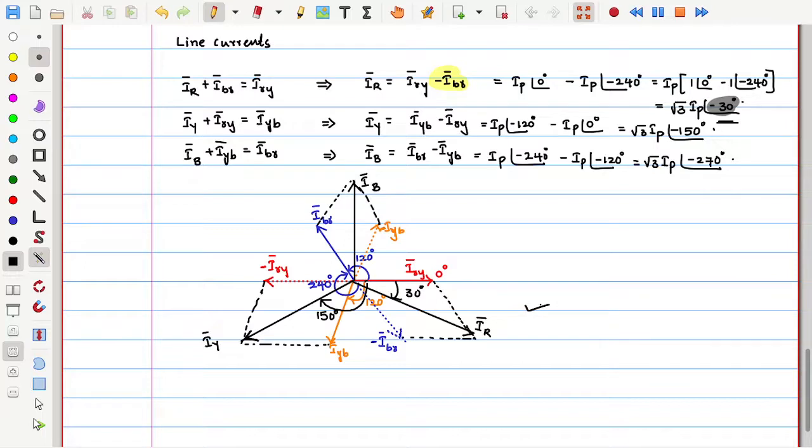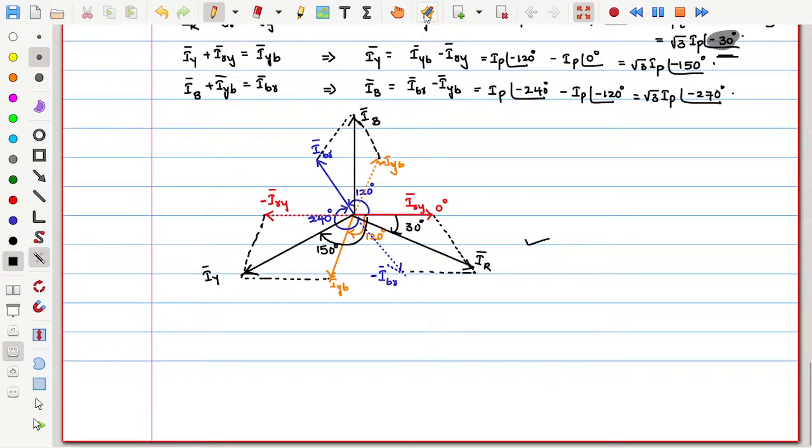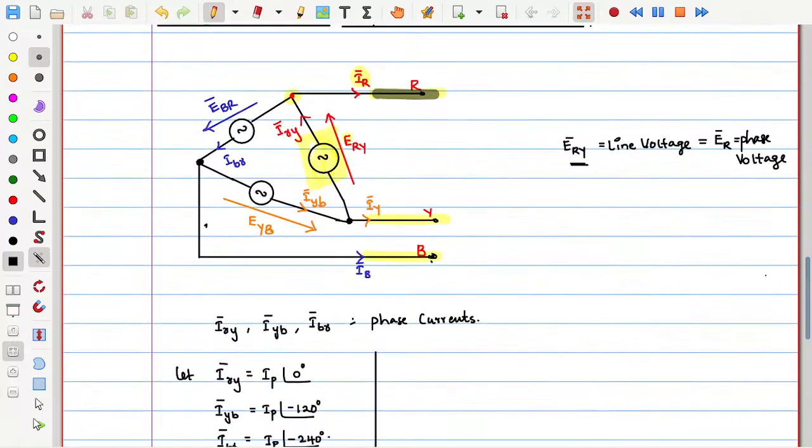Now if you need the power, it can be written like this. If I know this individual single phase generator is generating a power of voltage into current into cos theta, then the three phase generator will generate 3 times that value if it is a balanced system.